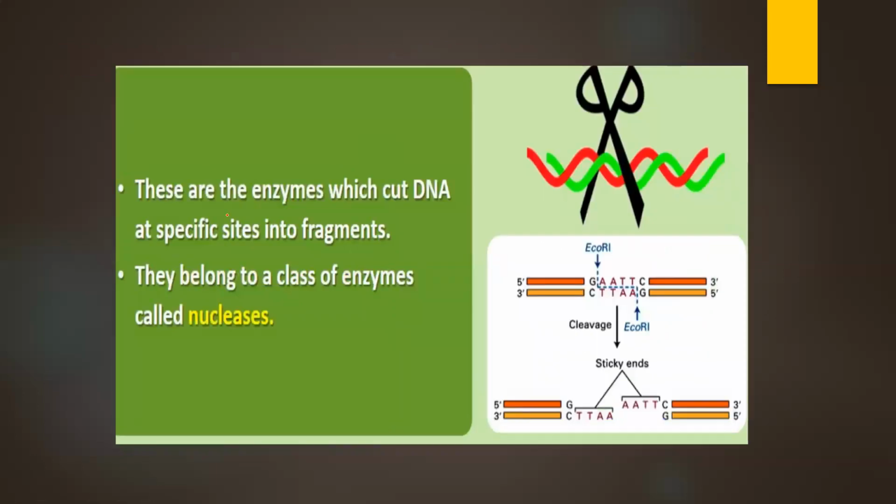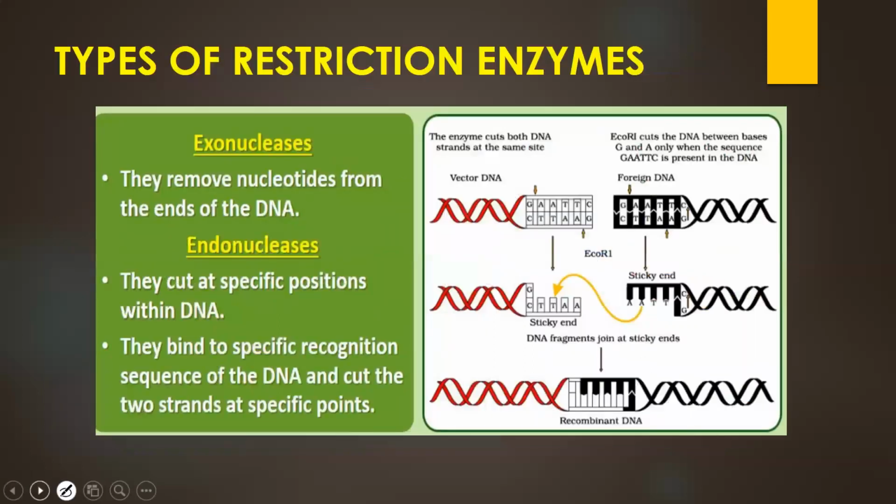Next, these enzymes which cut the DNA at specific sites into fragments belong to a class of enzymes known as nucleases. Now, these may be of two types, exonuclease and endonuclease.